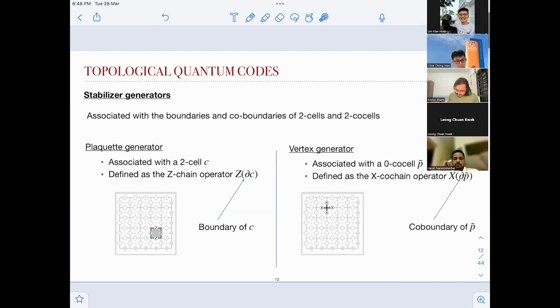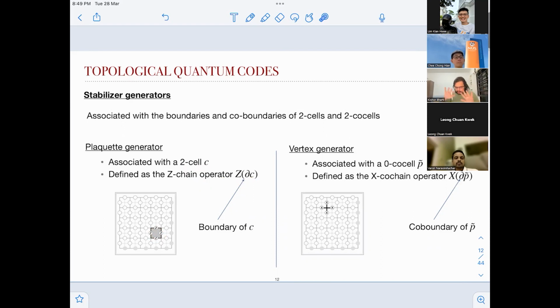So it's associated with a vertex generator, which is a 0-co-cell. Plaquette generator is associated with a 2-cell C, and it's defined as a Z chain operator, Z delta C. So Z will act at the boundary.